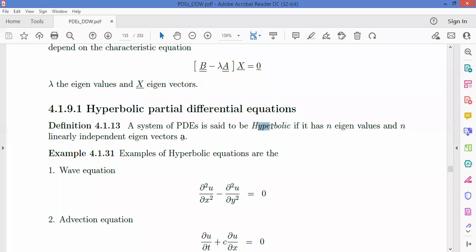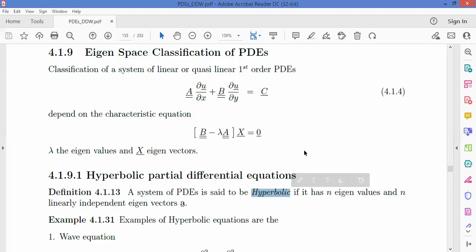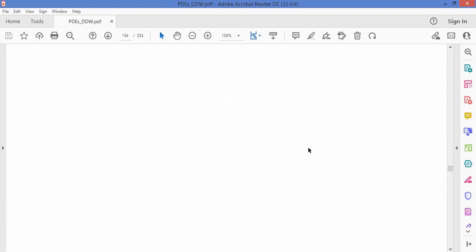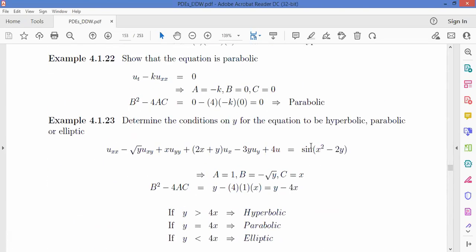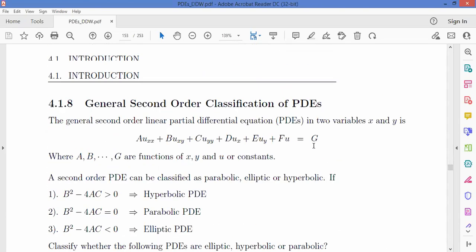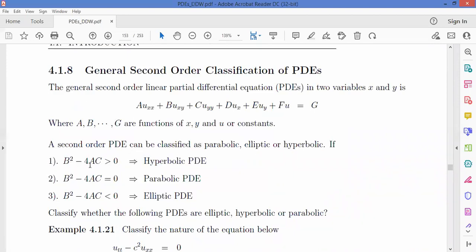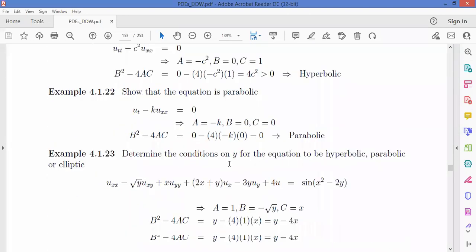Remember, we have already looked at the condition for hyperbolicity with respect to categorizing a PDE, and we said that will happen if the discriminant of this is greater than 0.